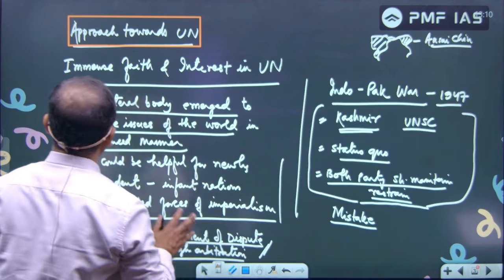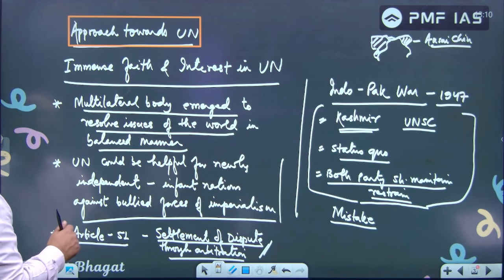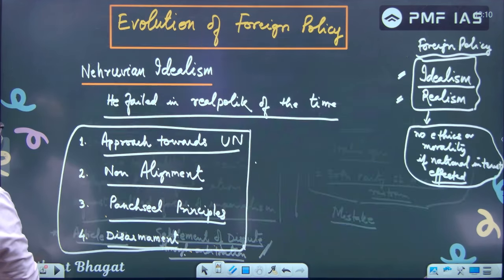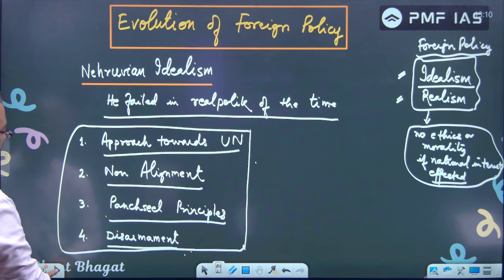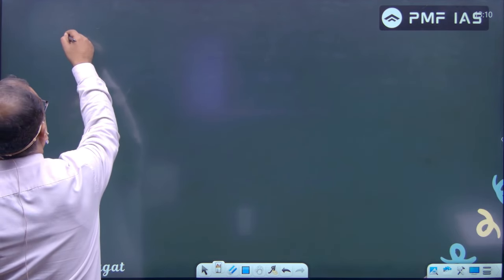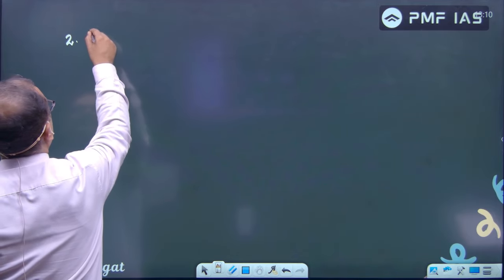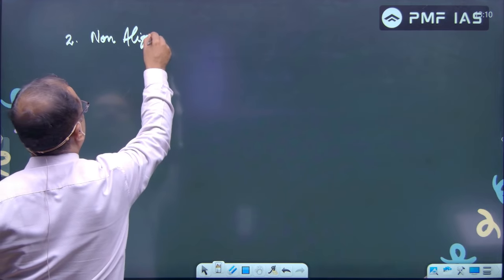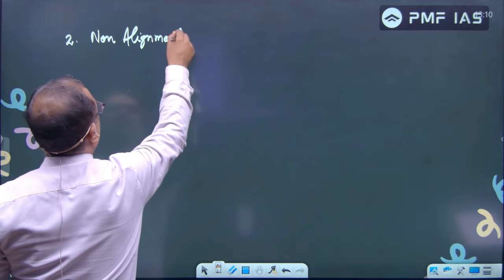So, one: Nehru's foreign policy, immense faith and interest in the UN, first part. The second part is non-alignment.